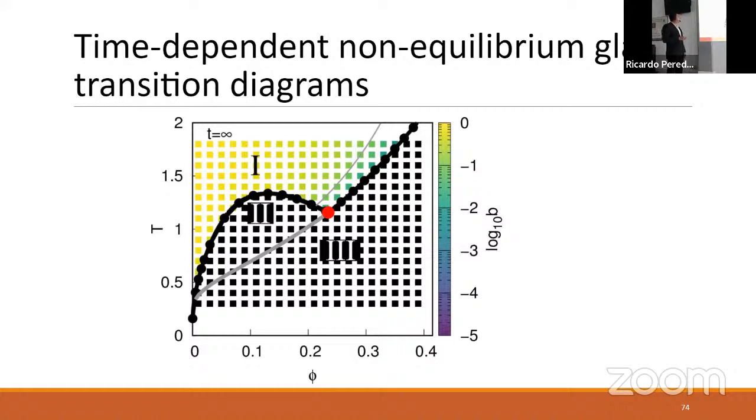This is where the dynamically arrested states meet the spinodal line, and such a line can end up entering along the spinodal line and be followed like this. So this line is like a continuation of the glass transition that is found for larger densities.